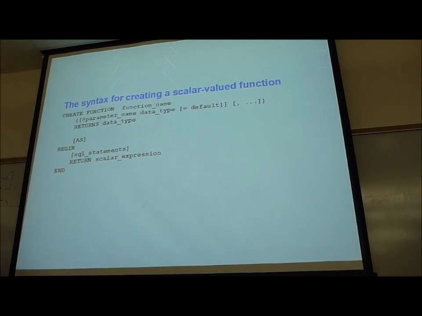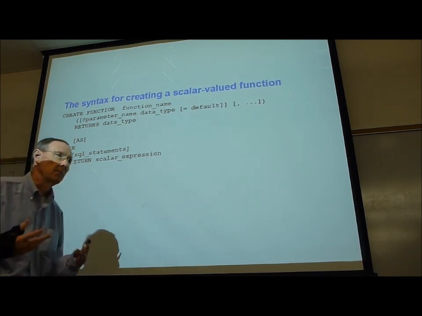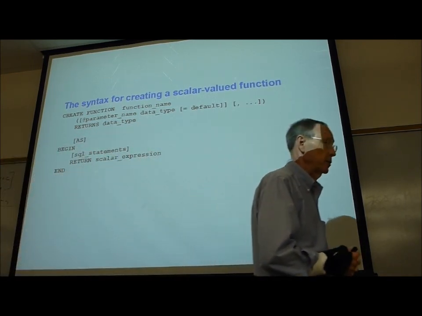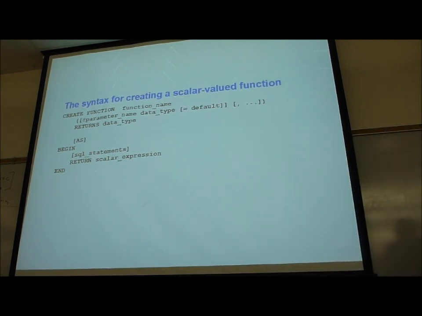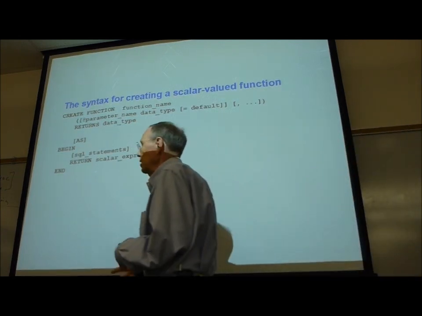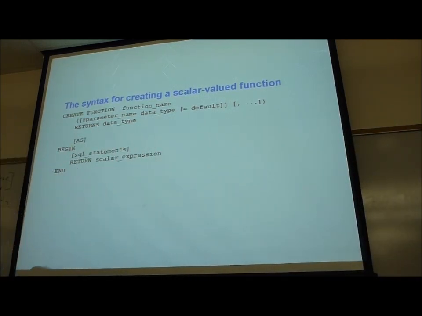Now, when we talk about the return on a stored procedure, that was simply meant to return a status. You don't usually return data on that. So we're going to talk about a scalar valued function. That means I'm going to return a single value. Next week, I will talk about returning a result set for the table value. We just kind of take this one week at a time.